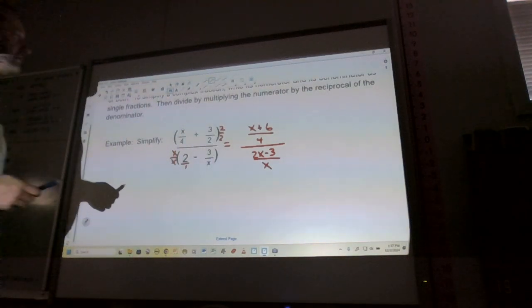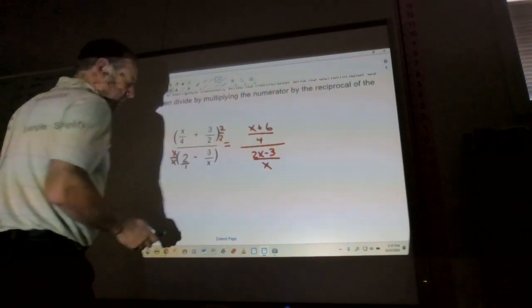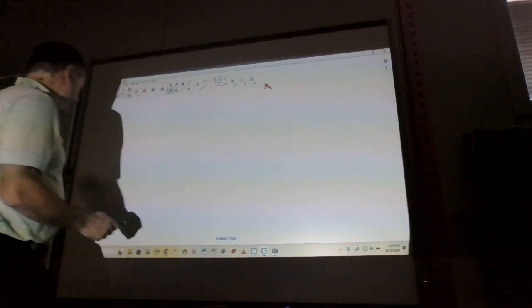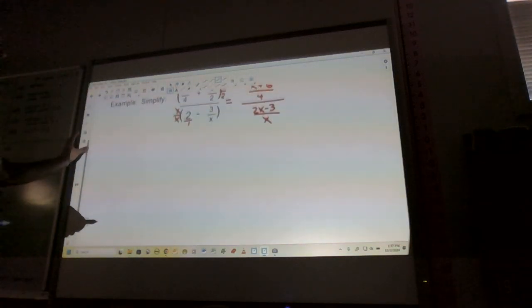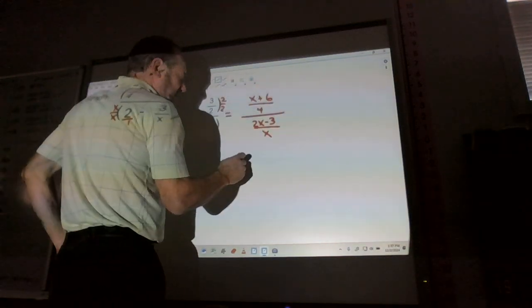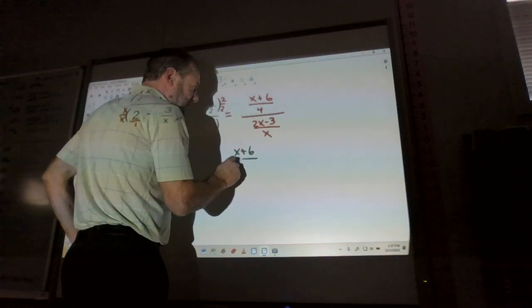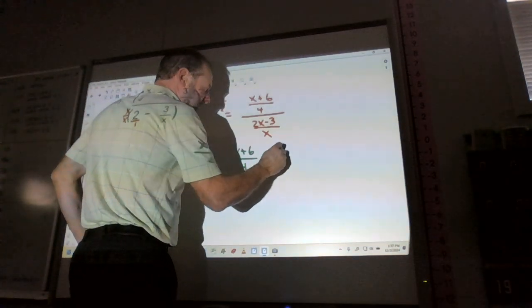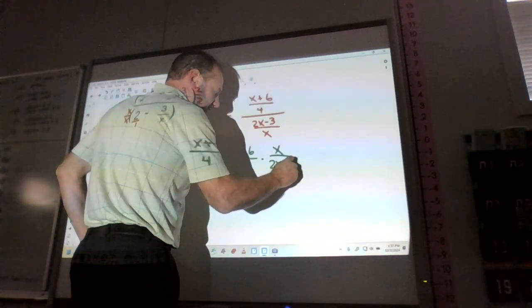Now I've got a fraction divided by another fraction. When I do that, this is the same thing as x plus 6 over 4 times x over 2x minus 3.